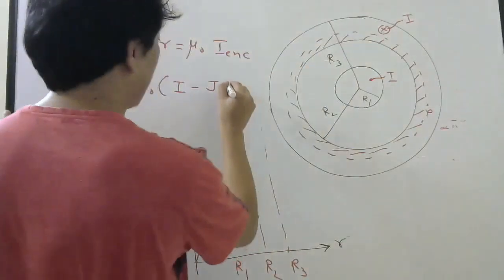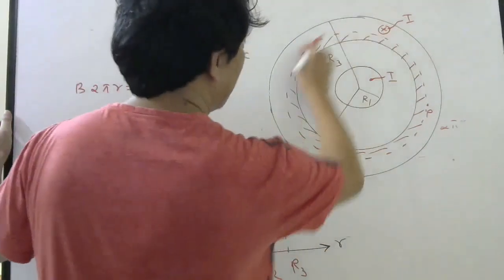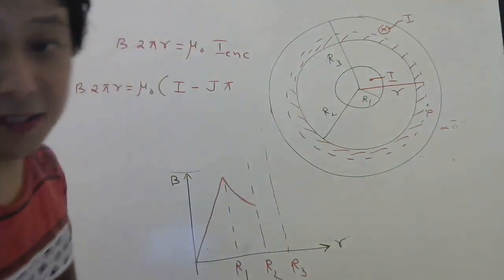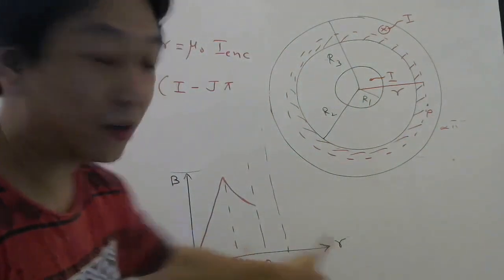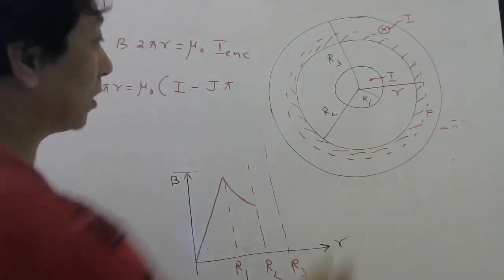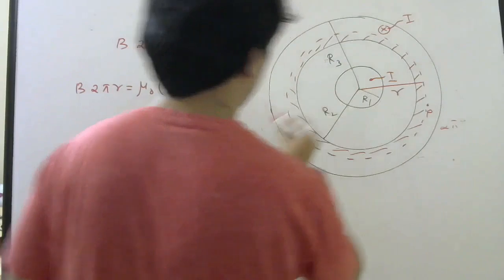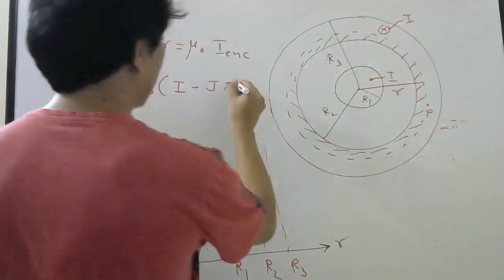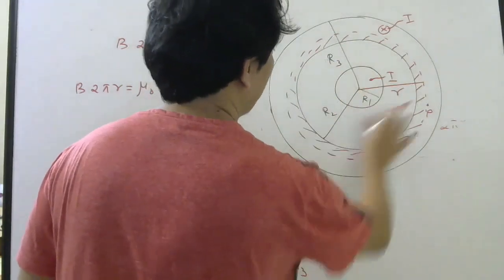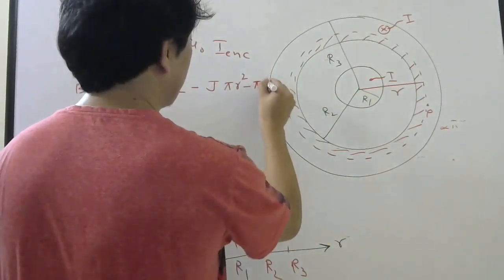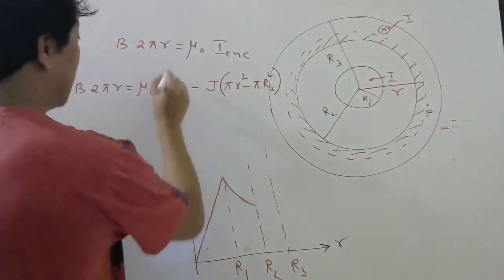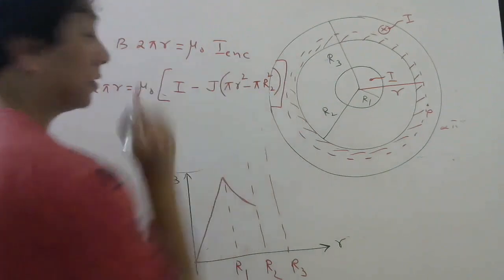Now how to write this area? The bigger area will be pi r squared, where small r is wherever you want the magnetic field. Remember, we are plotting the graph of magnetic field versus distance from the axis, so when you want the magnetic field here, this is your small r. So the bigger area is pi r squared, minus this area, pi R2 squared. Correct?